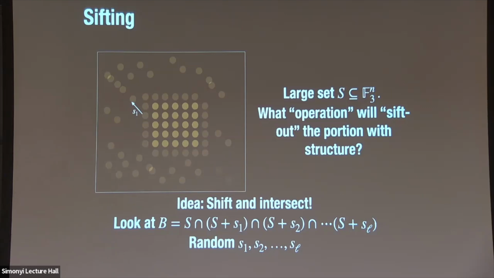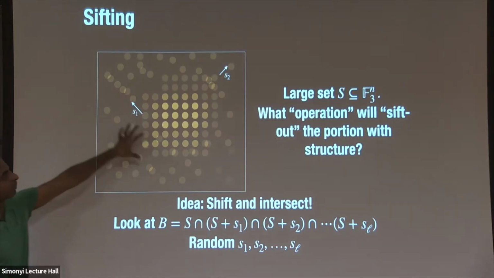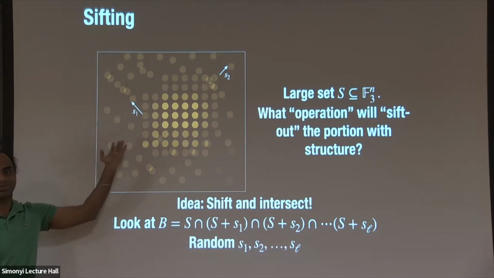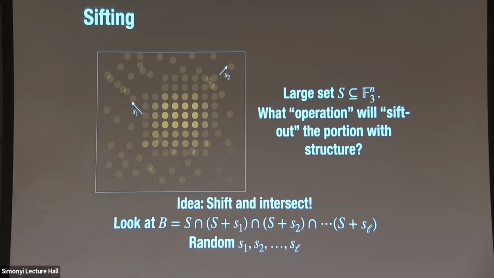In this picture, for instance, if we take a shift along S1, you move somewhere else. If I take a shift along S2, you move somewhere else. But you can see that the grid portion is likely to survive when you take the intersection. The same thing, at least we're hoping, would happen when you do this for subspaces.